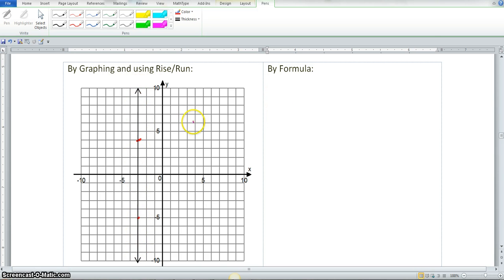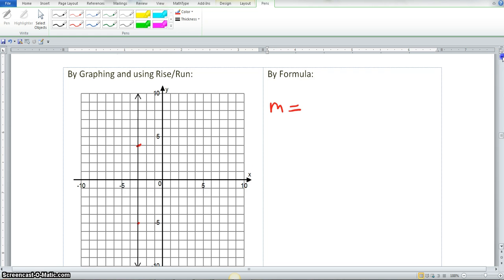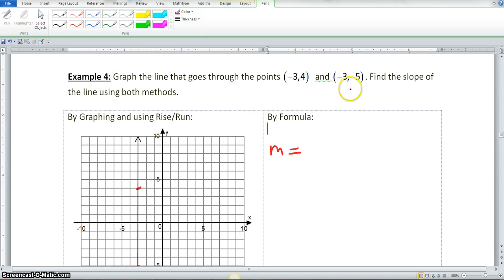So let's try the slope formula to see what happens here. Now we know our slope is equal to, let me go back up here and reveal the two ordered pairs, y sub 2 minus y sub 1 all over x sub 2 minus x sub 1.